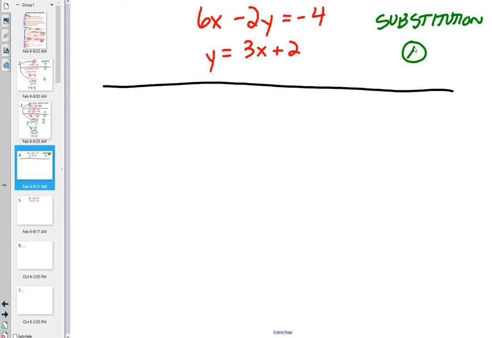If the bottom y is the same as 3x plus 2, but I want the bottom y to be the same as the top y, I can write the top equation, but when it gets time to write the y, I'm not going to write y, I'm going to write 3x plus 2.